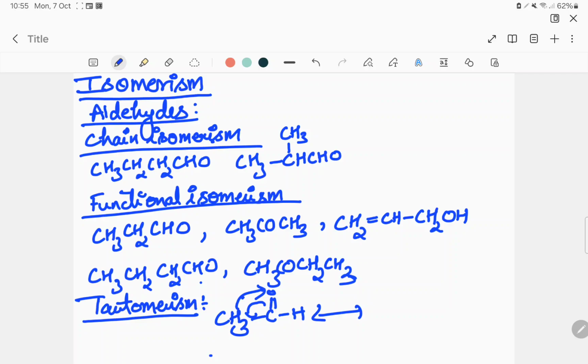The tautomer which we are going to have will be CH2 double bond CH OH. This is known as vinyl alcohol.